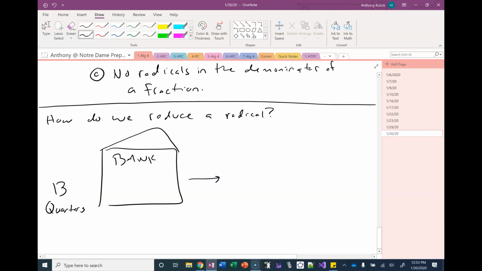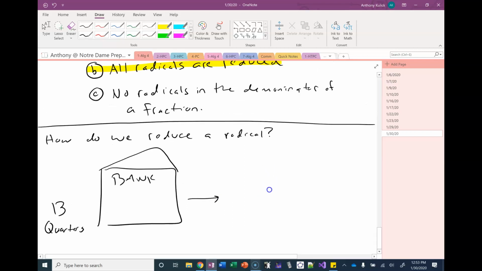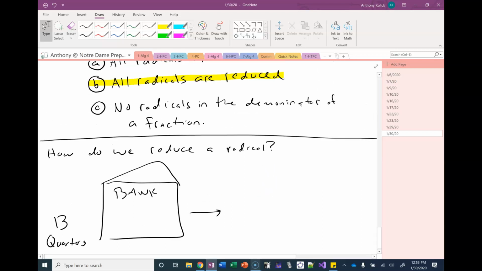We want to take these 13 quarters to the bank and exchange them for a bigger denomination, like dollar bills. So if I take these 13 quarters to the bank, what are they going to give me back?